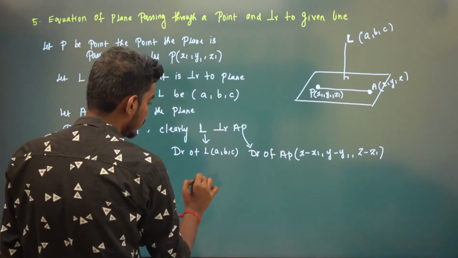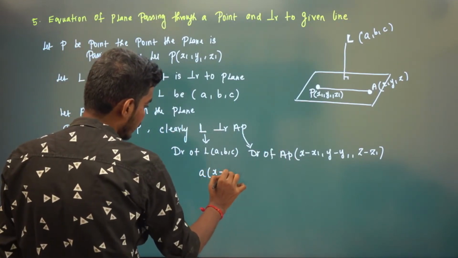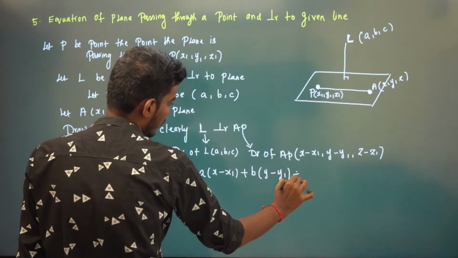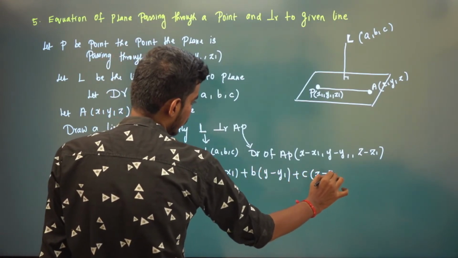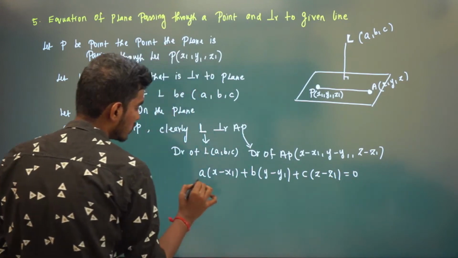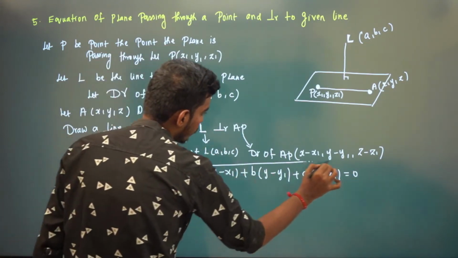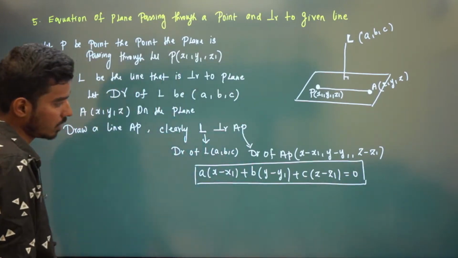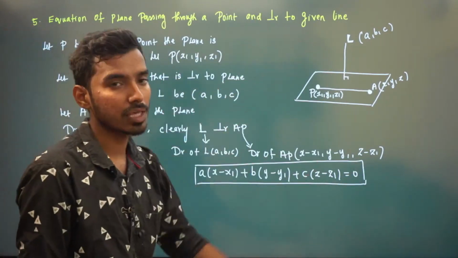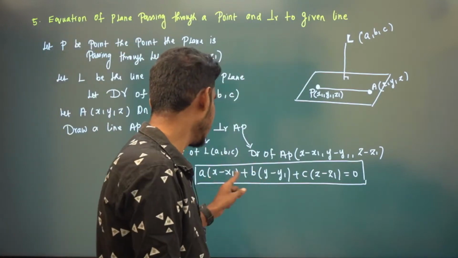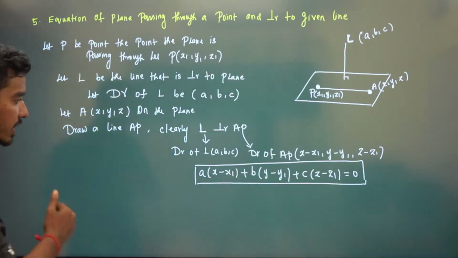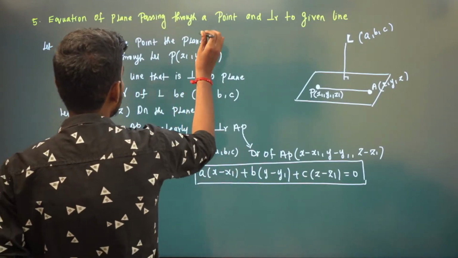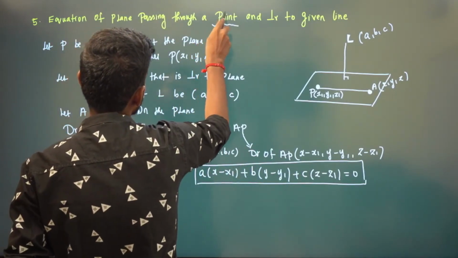So that means a into x minus x1, b into y minus y1, c into z minus z1 is equal to 0. So this is the required equation of plane passing through a point and perpendicular to a given line. The given line has direction ratio a comma b comma c, and x1 y1 z1 is the point it is passing through.